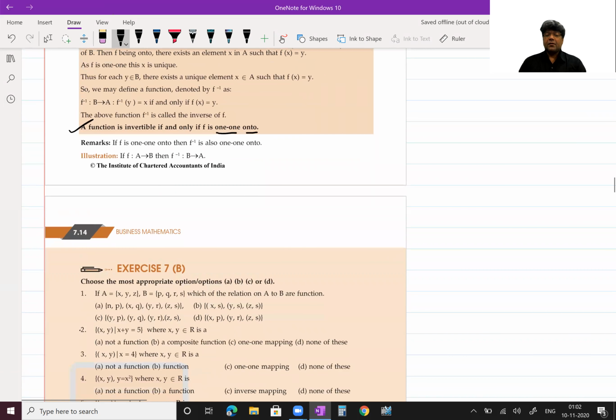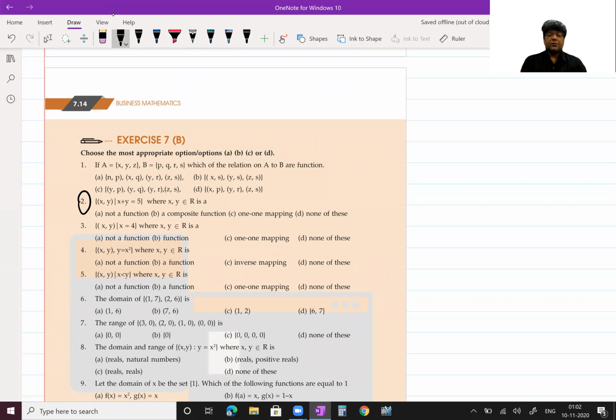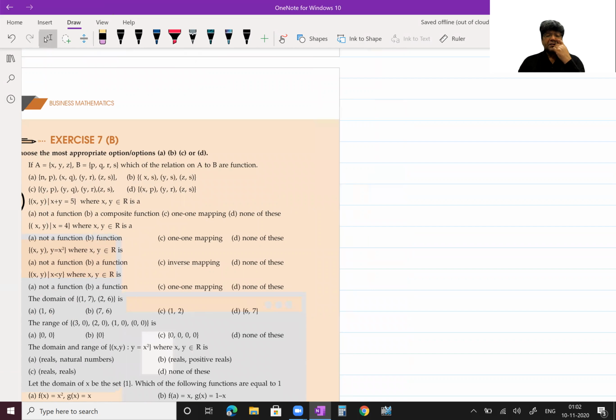Now, question number 2. Here, the relation is given, the equation is given: x plus y is equal to 5. X plus y is equal to 5 means, guys, y is equal to 5 minus x. So what kind of function is this, guys?